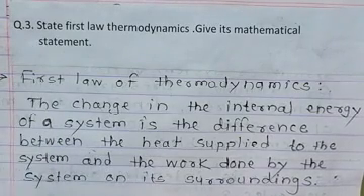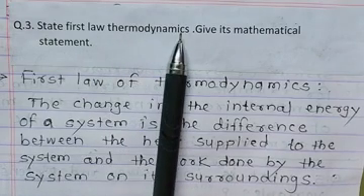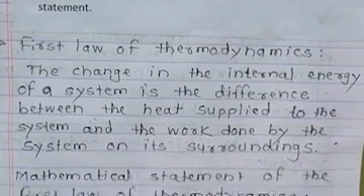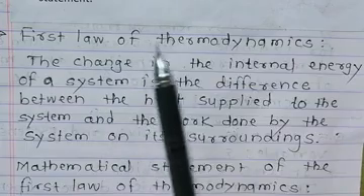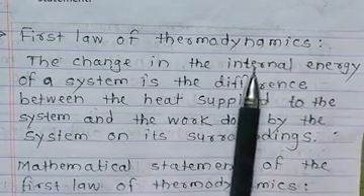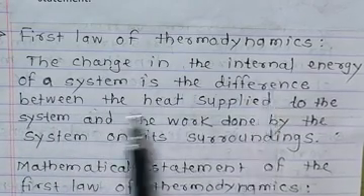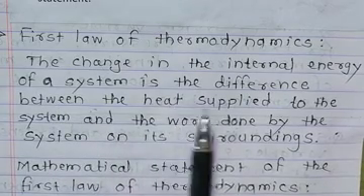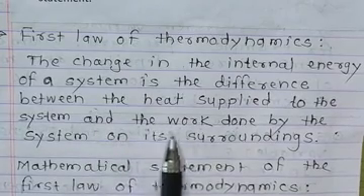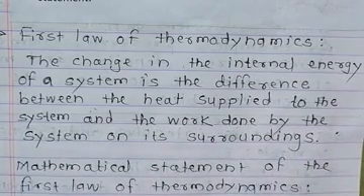Question 3. State first law of thermodynamics. Give its mathematical statement. So, first law of thermodynamics: The change in internal energy of a system is the difference between the heat supplied to the system and the work done by the system on its surroundings.